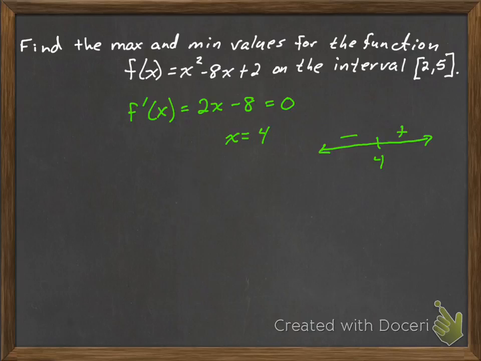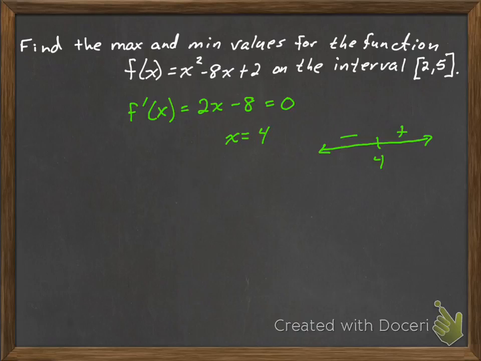So if our function is decreasing to the left of 4 and increasing to the right of 4, that means that you're going to have a local minimum at x equals 4. Now that is a local minimum. We do not know for sure if that is the absolute minimum.